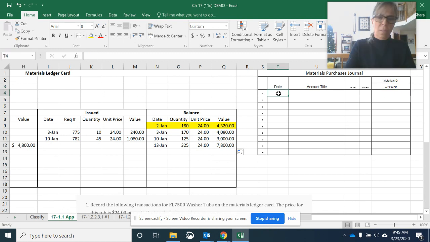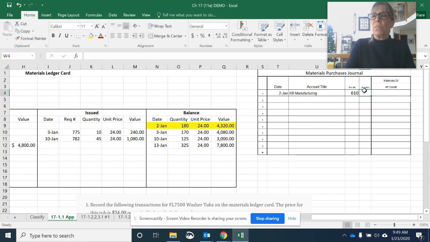All right, so January 3rd, the account title is KB Manufacturing. And the purchase number, it told us, was 610.